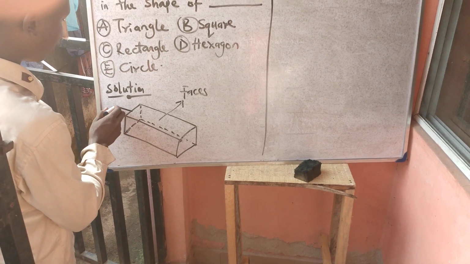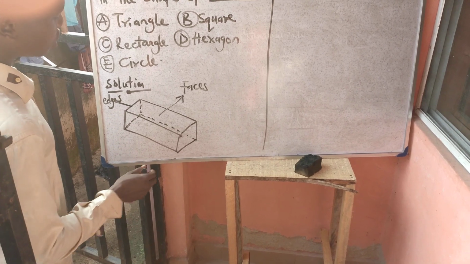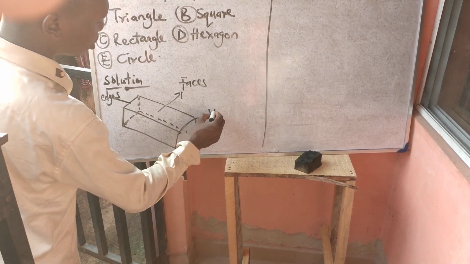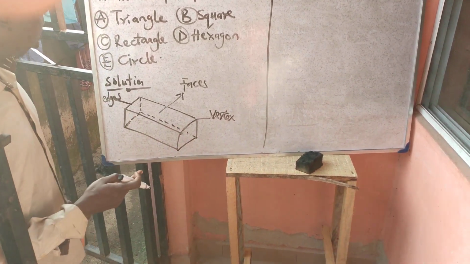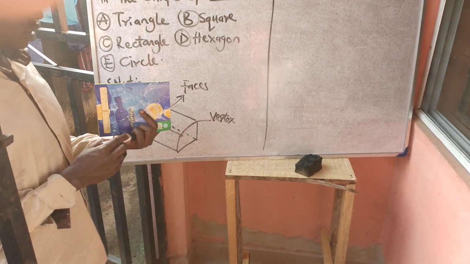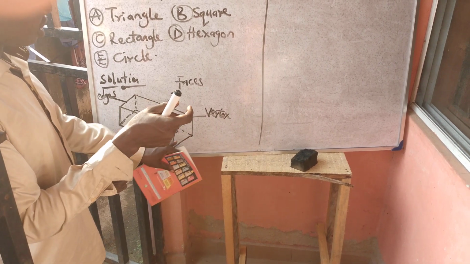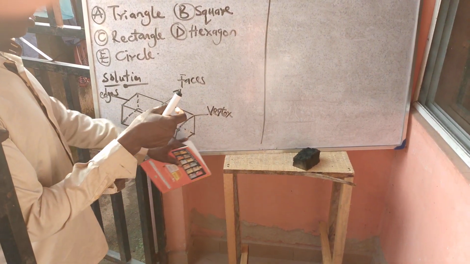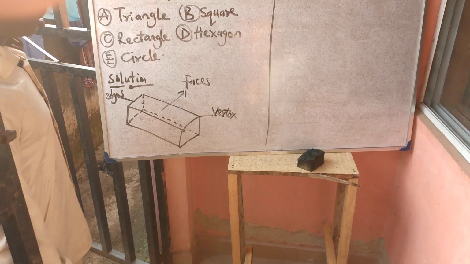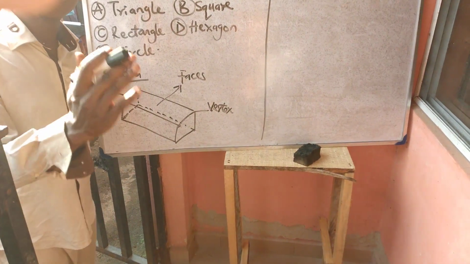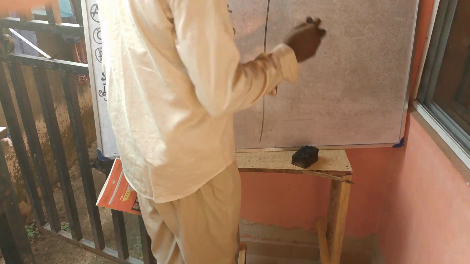It has 12 edges, or 12 sides, and it has 8 vertices. This is a vertex. This is a face. This one is an edge. These points are the vertices. So those are the properties of a cuboid.